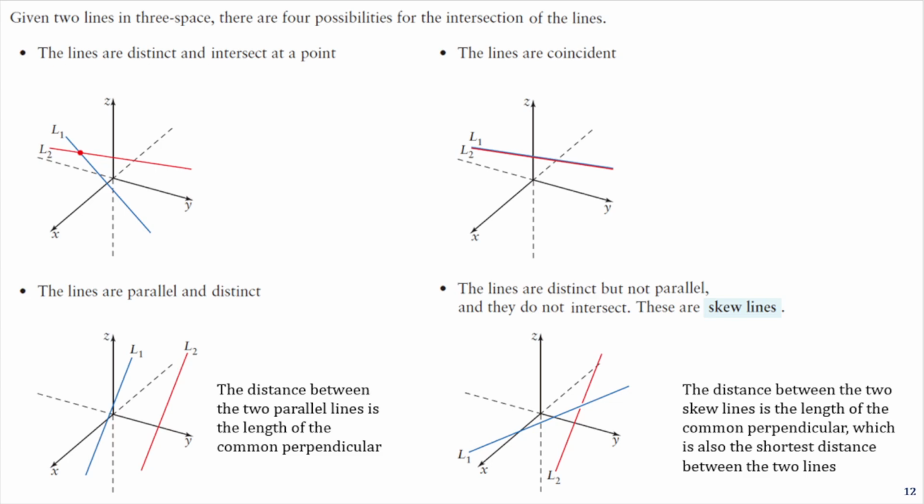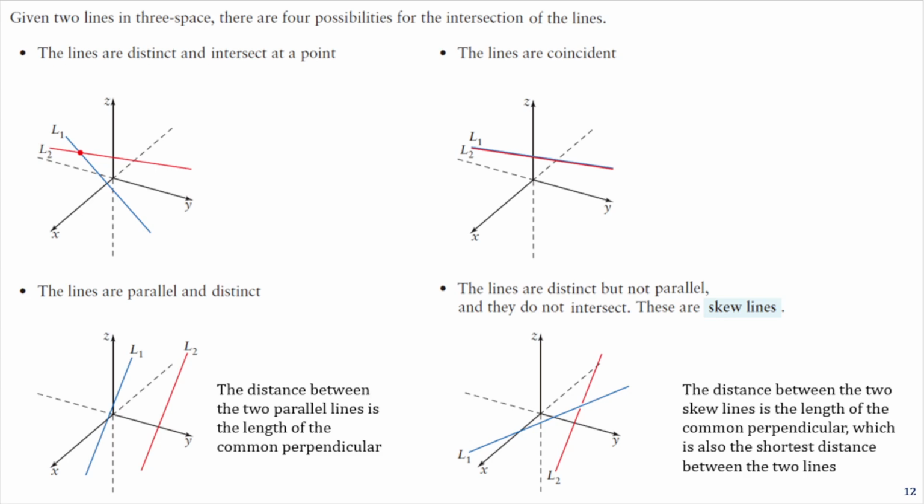And last, the distance between the two skew lines. Two skew lines means in 3 space they never touch each other, and they are not parallel. In that case, these two lines are called skew lines. Distance between skew lines can also be found.